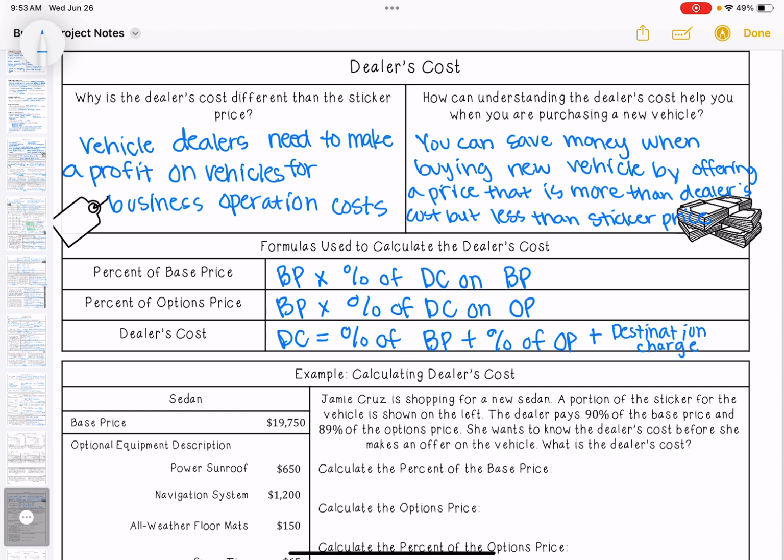All right, and then the last one, dealer's cost. So that's the percent of the base price plus percent of the options price plus the destination charge.